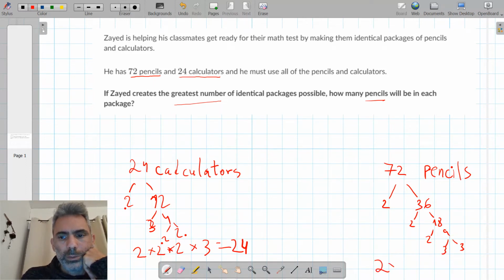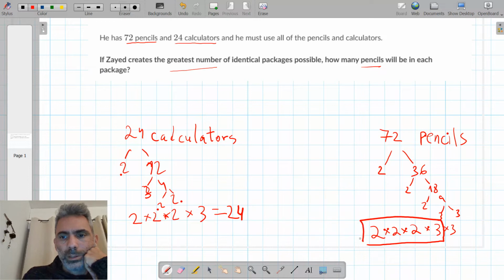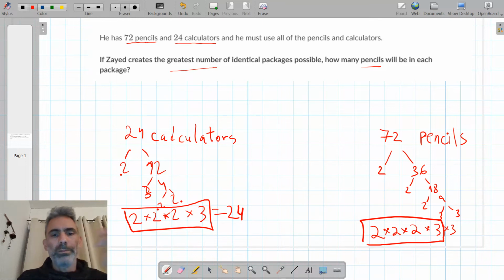So here we have 2 times 2 times 2 times 3 times 3. So we have in common all of this, 2 times 2 times 2 times 3. 2 times 2 times 2 times 3 is present in the sets of prime factors of both numbers.